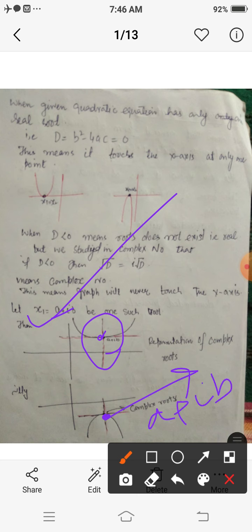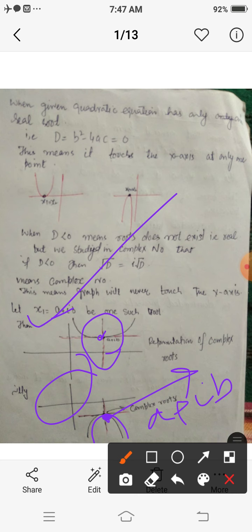If the given quadratic equation represents the downward parabola, then its graph is this. It never touches the x-axis, it only touches this point, that is this complex number, where we draw two mutually perpendicular axes. Here this point is considered a root of this quadratic equation.